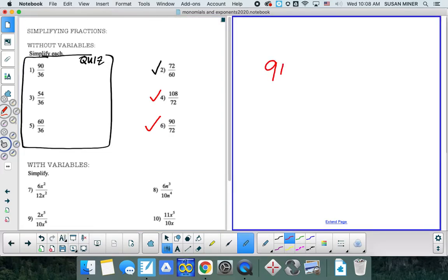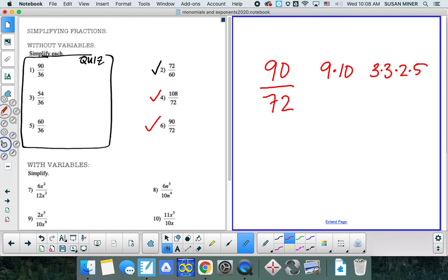And so if I have 90 over 72, what I want to do is start thinking about what numbers do I multiply together to get 90. Well, I know I multiply 9 times 10, right? And then I could break this out even farther if I needed to. I could break this out into 3 times 3, which gives me 9, and 2 times 5, which gives me 10.